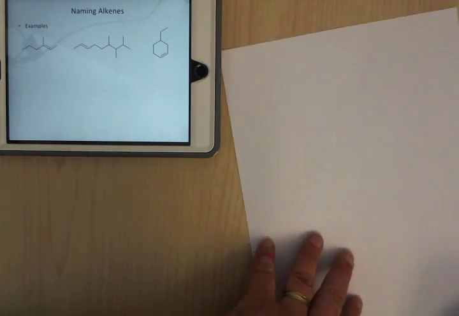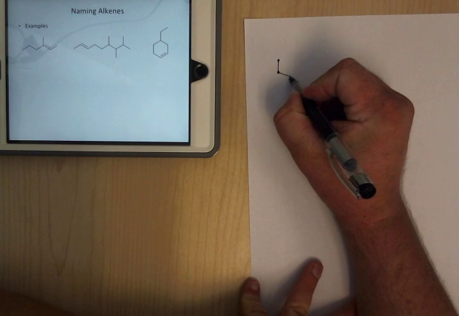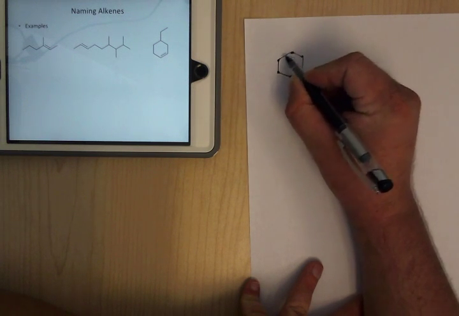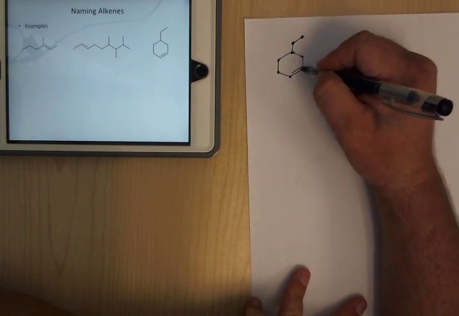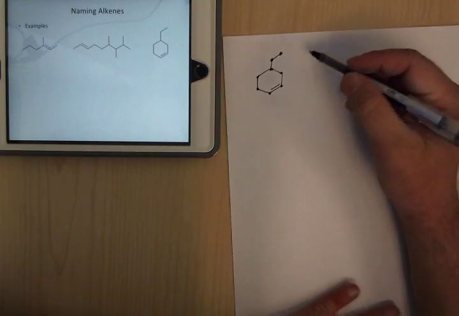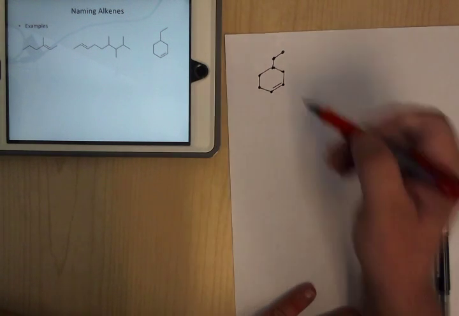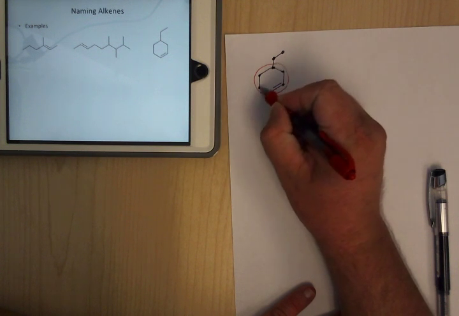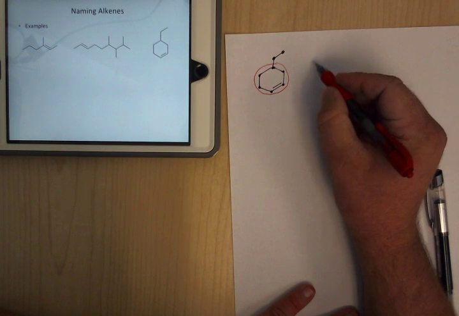There we go. Okay, now cyclic alkenes. Now there is a little bit of controversy on how you name these. So this is going to be the main chain here. It's 1, 2, 3, 4, 5, 6.